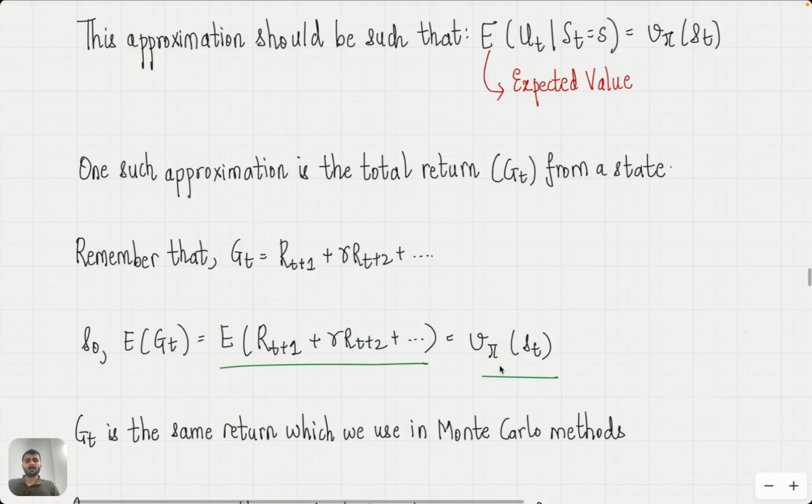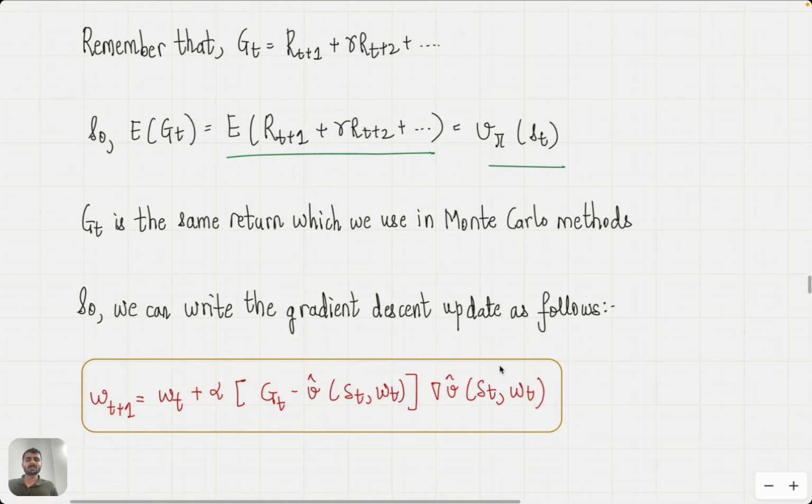Okay, so we are going to replace the true value function by the return from that state, which means that when the agent encounters a state, we are going to add up all the returns till the episode is completed, and we are going to use it as an approximation to the true value function.